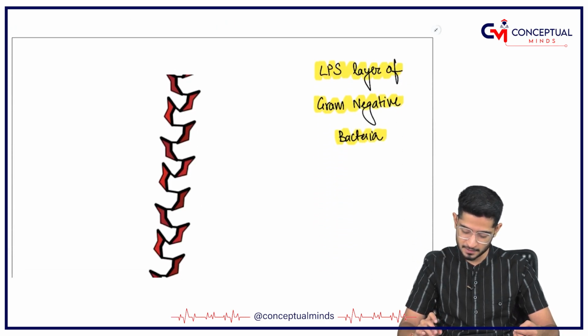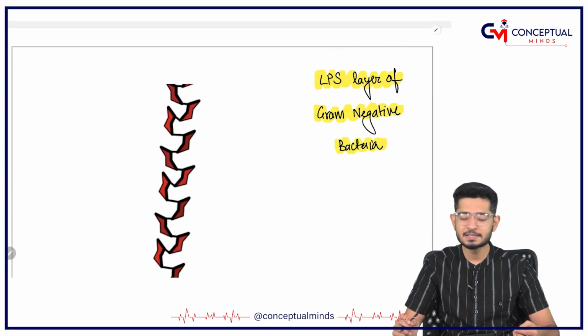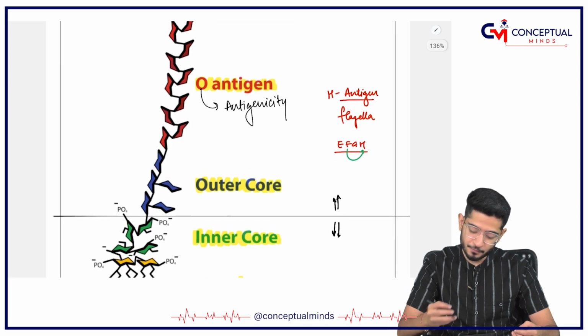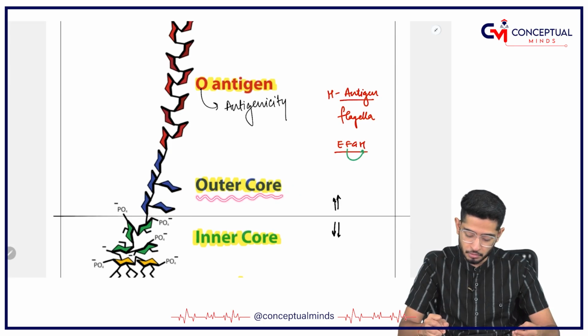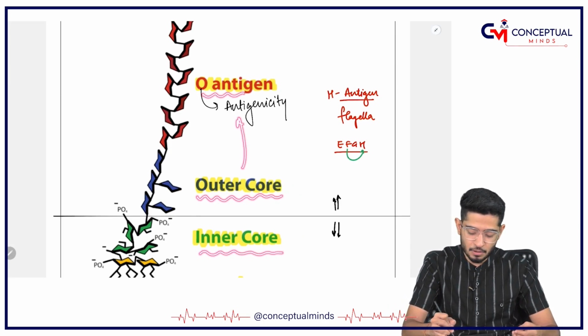Okay, so this was a question which was asked. Now, teaching you in detail what is the LPS layer of gram-negative bacteria. So, can you see here? This is the LPS layer which has got three parts, or I should say two parts. One is the outer core, other is the inner core, and the outer core has the O antigen.